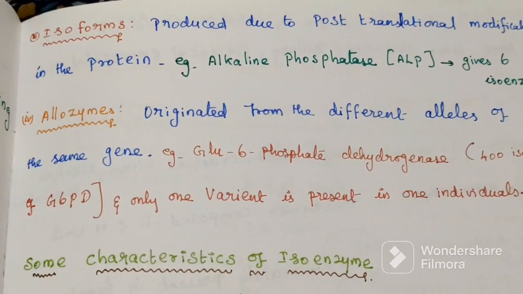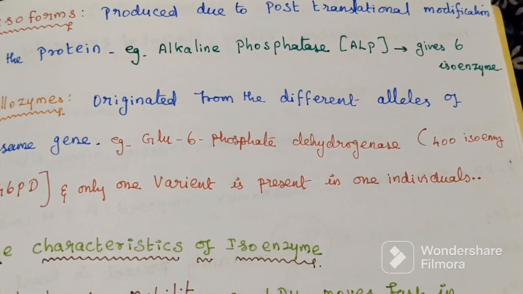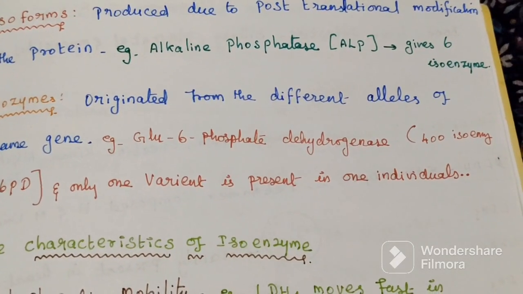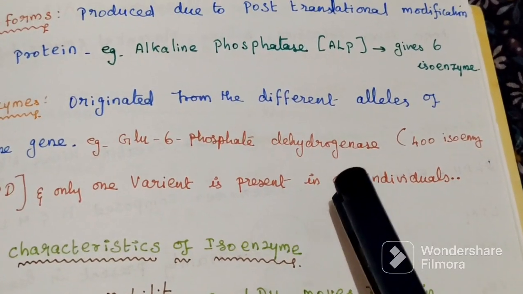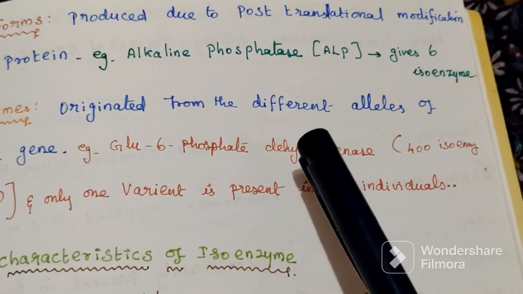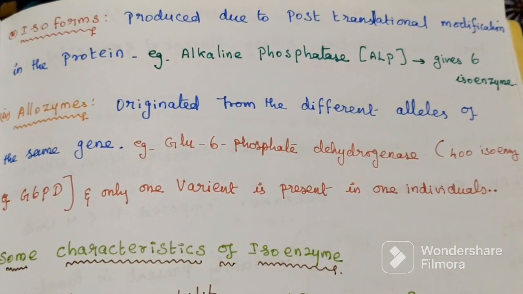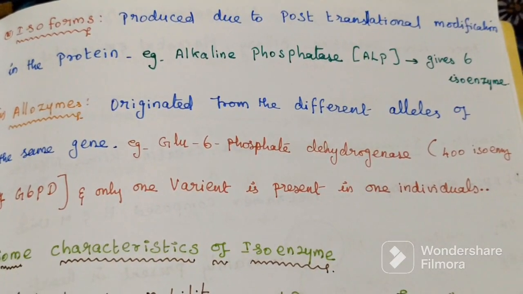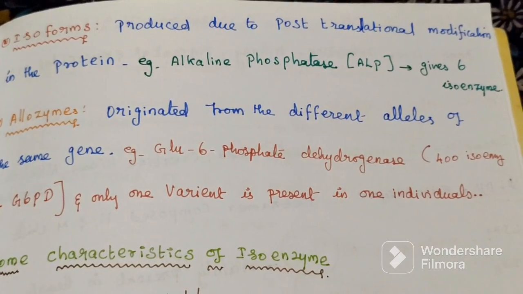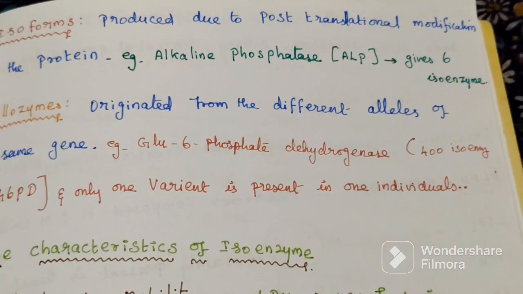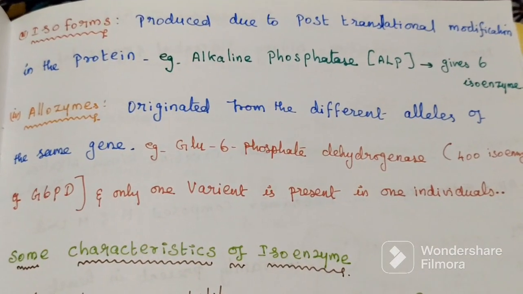Next one is allozymes. They originate from different alleles of the same locus of the gene. They are known as allozymes.